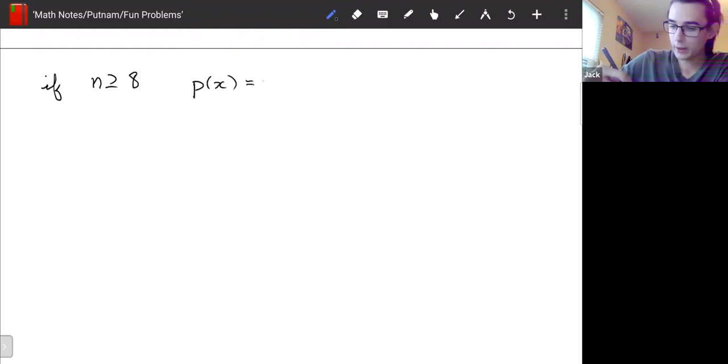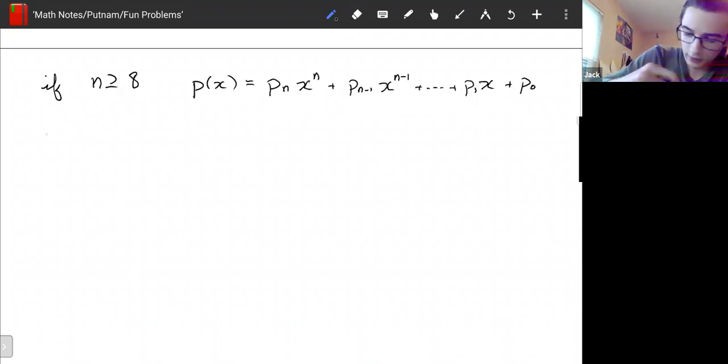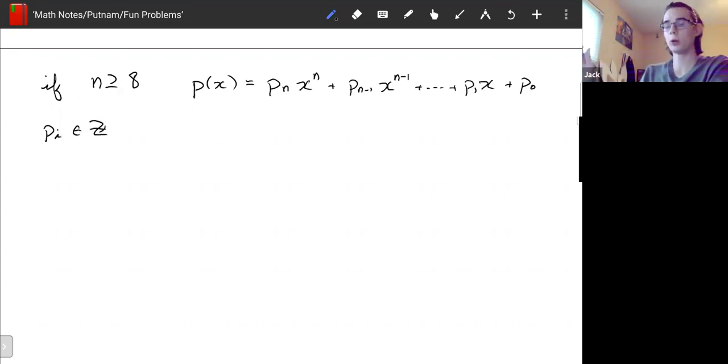It'll be, let's say, pn times x to the power of n plus pn minus 1 times x to the power of n minus 1, all the way down to p1 times x plus p naught, where each one of these pi's are just integers, because p is a polynomial with integer coefficients, so we're just letting it be whatever this is.